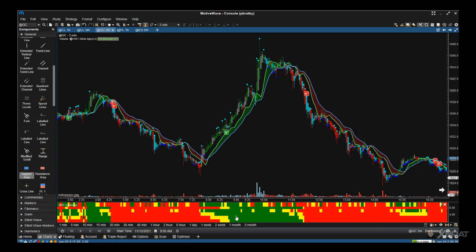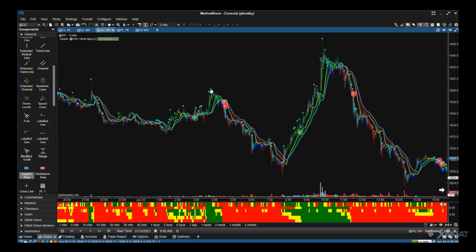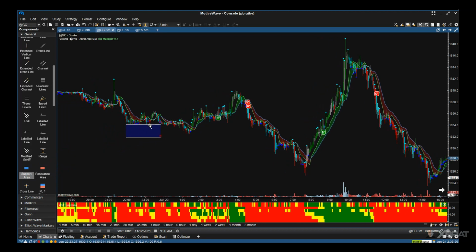One of the things that we do is look left. So we're coming into this European morning here, and we can see overnight we've had some support. This is important. This tool's really cool on Motivewave, so we just drag and drop it here. What I'm looking at is this type of support and resistance zone.